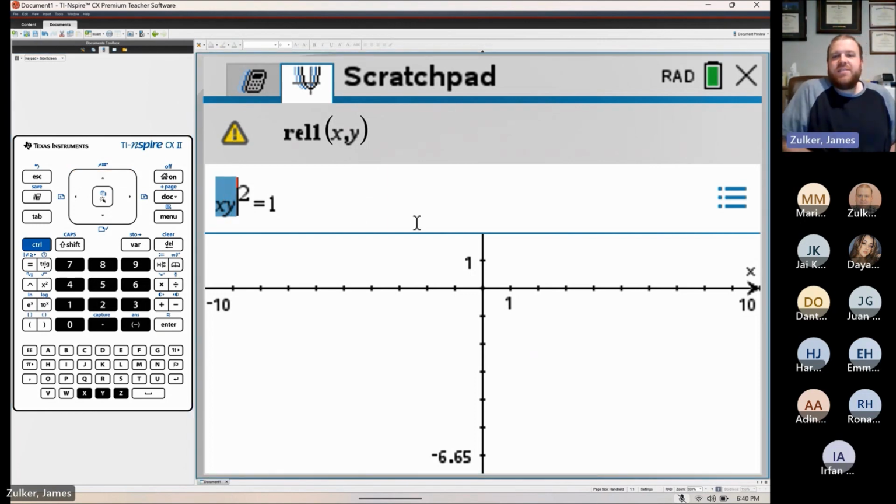It's reading this as a single variable. So it does not recognize this as an implied multiplication. It reads it as a single string, not a product of strings.